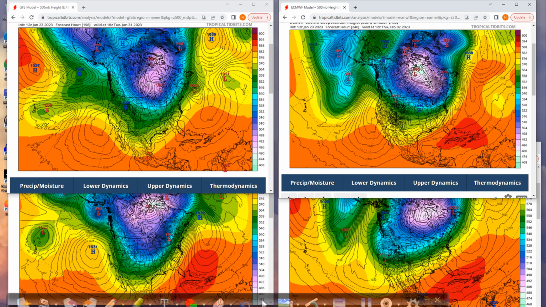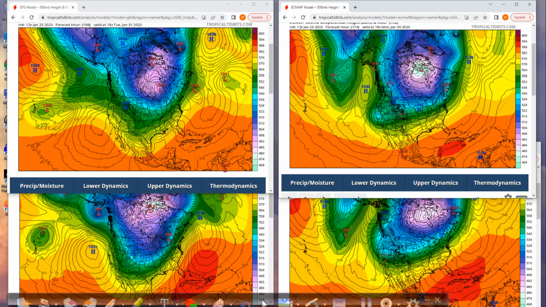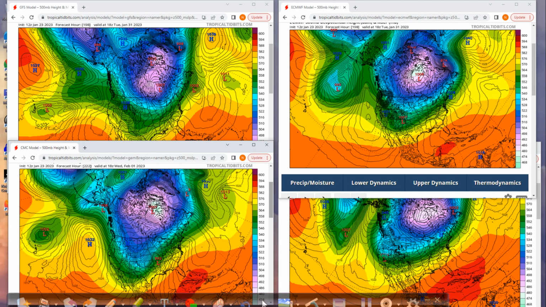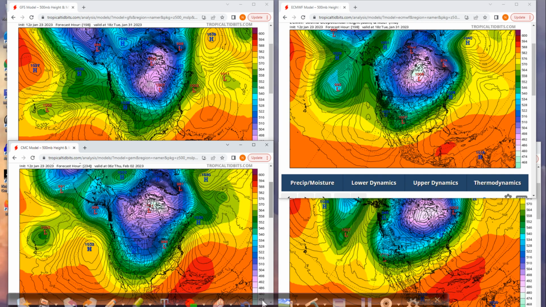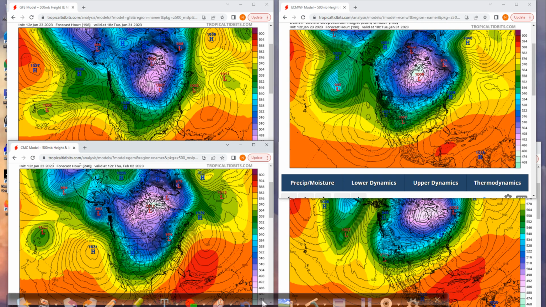The European here might bring in some cooler air at the surface, as well as the Canadian, probably around the same time. Right there, if we can keep some cooler air at the surface, although the Canadian possibly hints at some more cold air possibly coming south, but we'll see about that.